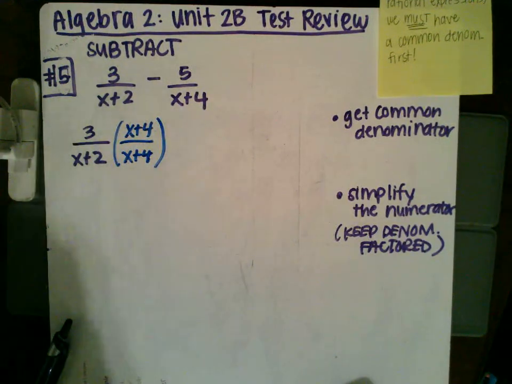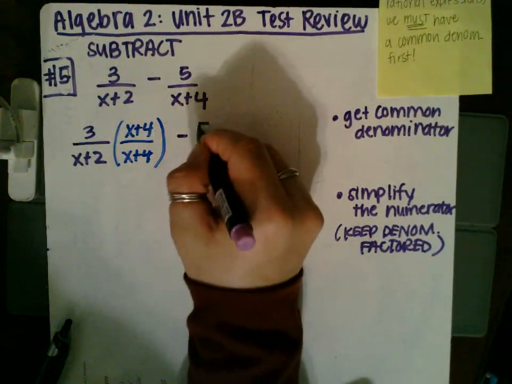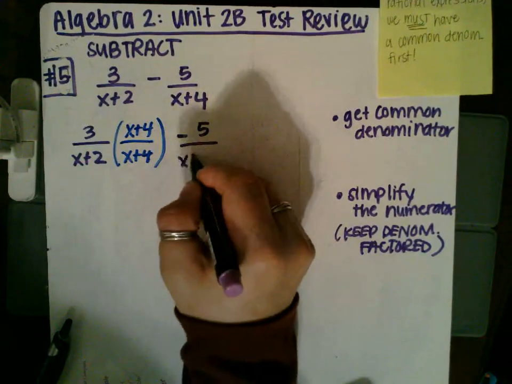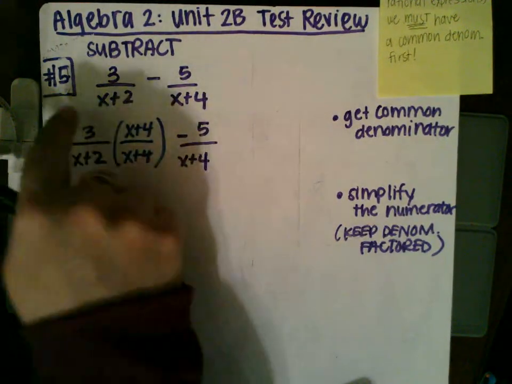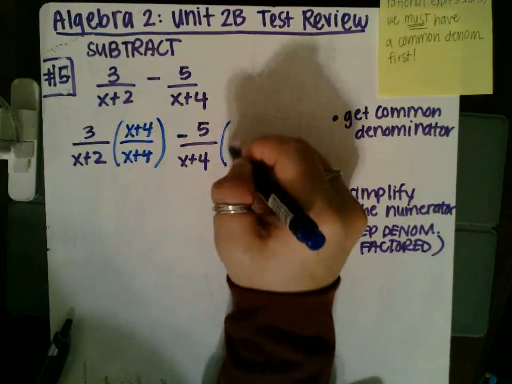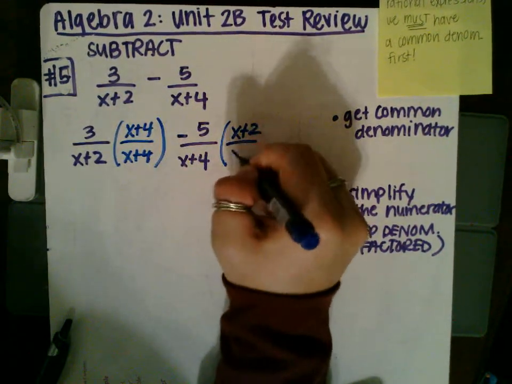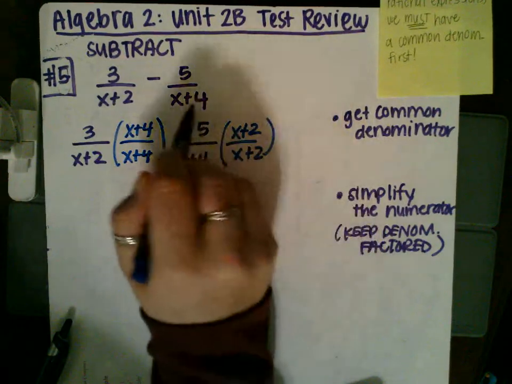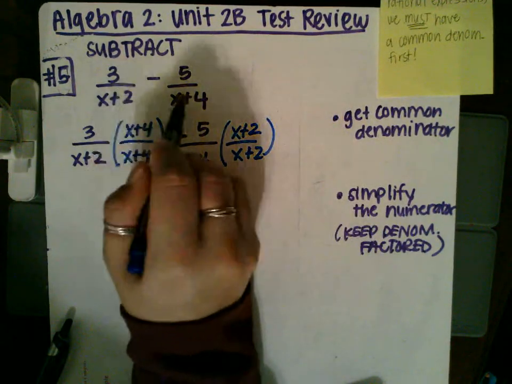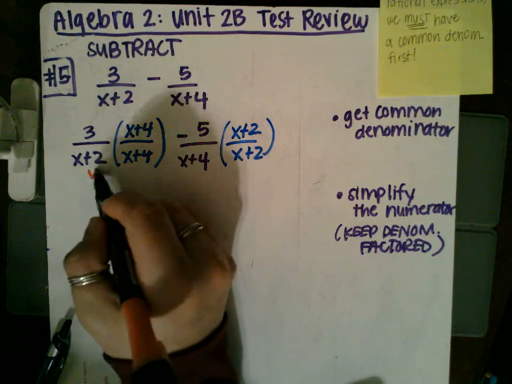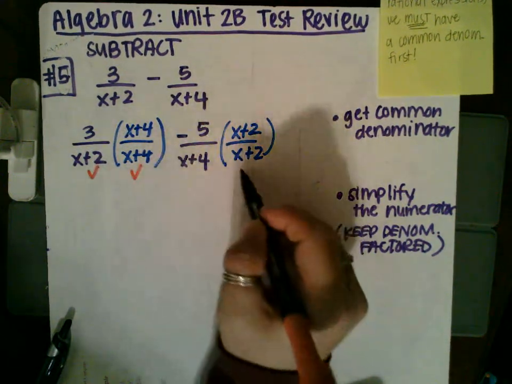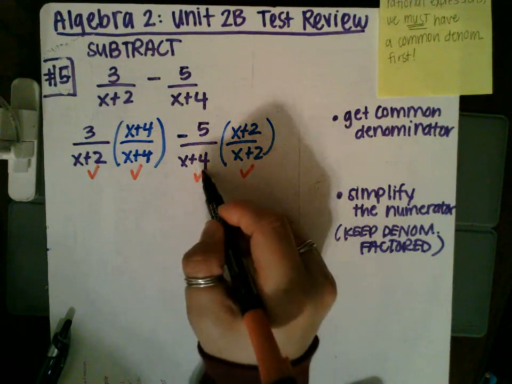Now this case has a subtraction, minus 5 over x plus 4. And we are going to multiply this by the opposite denominator, x plus 2 over x plus 2, right? The opposite denominator of each other. Now let's check. Do we have a common denominator in each piece? x plus 2, x plus 4, x plus 2, x plus 4.